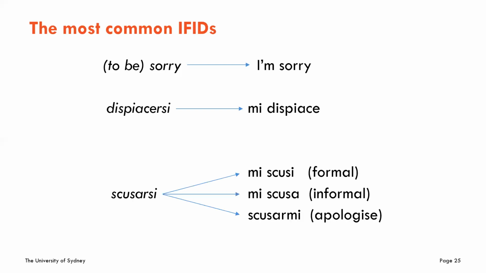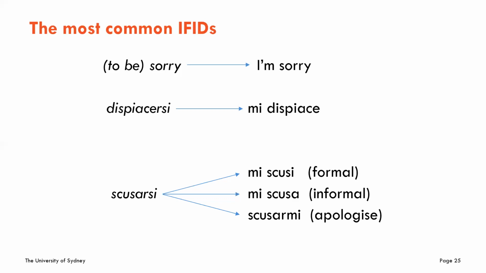And then there's also the element of scusarsi can be conjugated in many, many different ways. So it changes in relation to formality, it changes in relation to who you're speaking to. There are a lot more ways that you can use scusarsi than you can use dispiacersi.